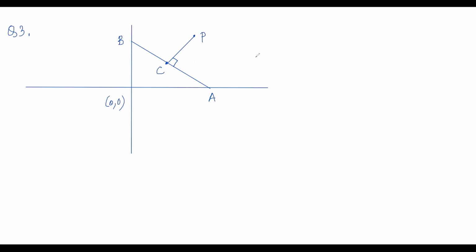So now if you take the point A to be x comma 0, and since the point B is lying on the y-axis, let's take it to be 0 comma y.